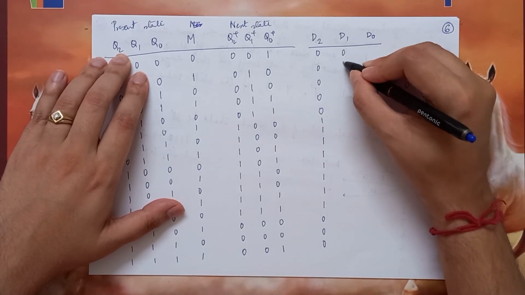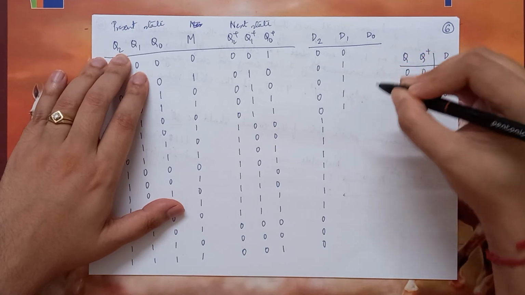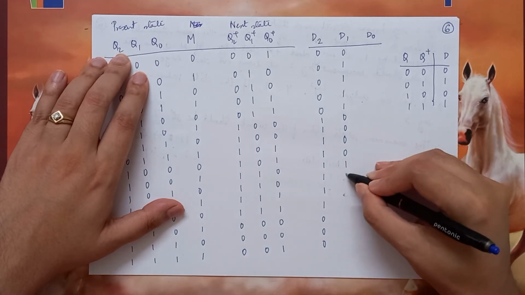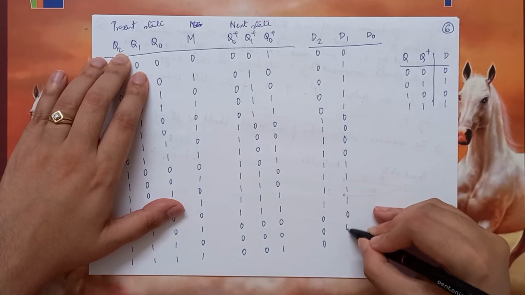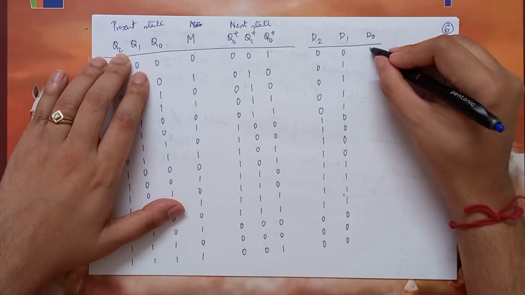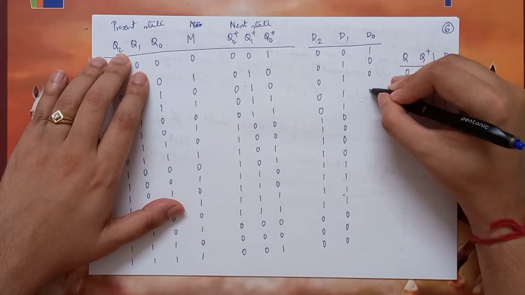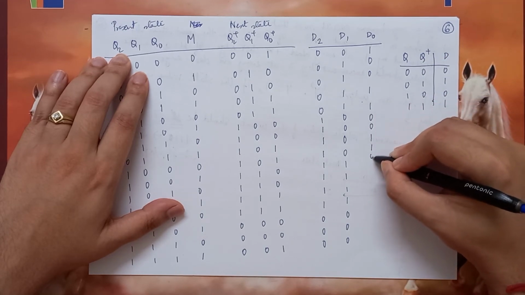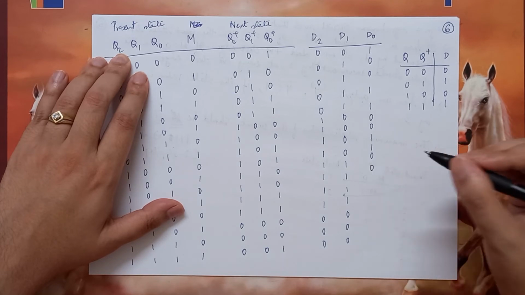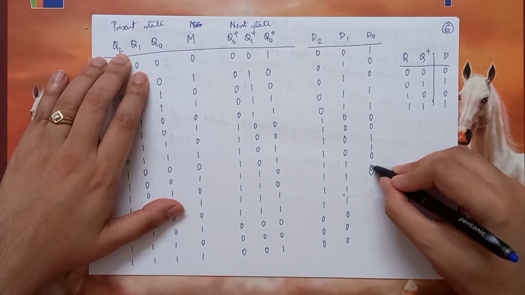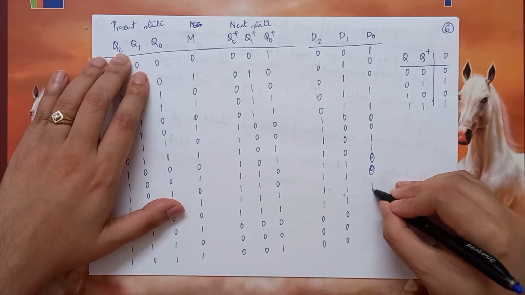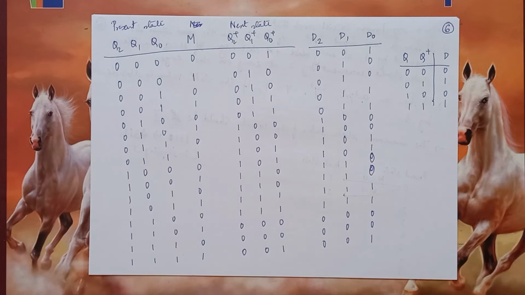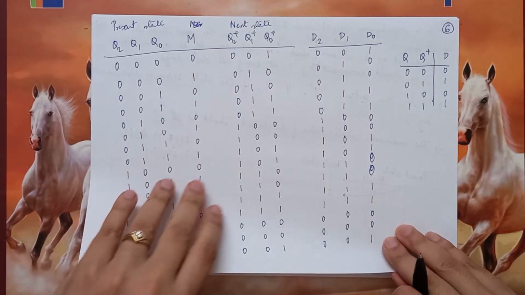D1 will be 0, 1, 1, 1, 1, 0, 0, 0, 0, 1, 1, 1, 1, 0, 0, 0. D0 is 1, 0, 0, 1, 1, 0, 0, 1, 1, 0, 0. Yeah, it will be here rather. And 1, 1, 0, 0, 1. So this makes this truth table complete.